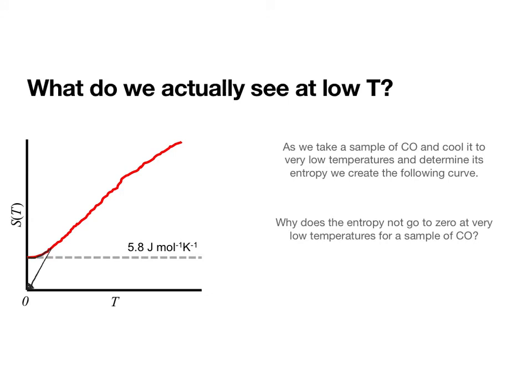Instead, we have some residual entropy. And so our question becomes, why does the entropy not go to zero at very low temperatures for a sample of carbon monoxide? On our graph, that is the baseline of the molar entropy that we see.